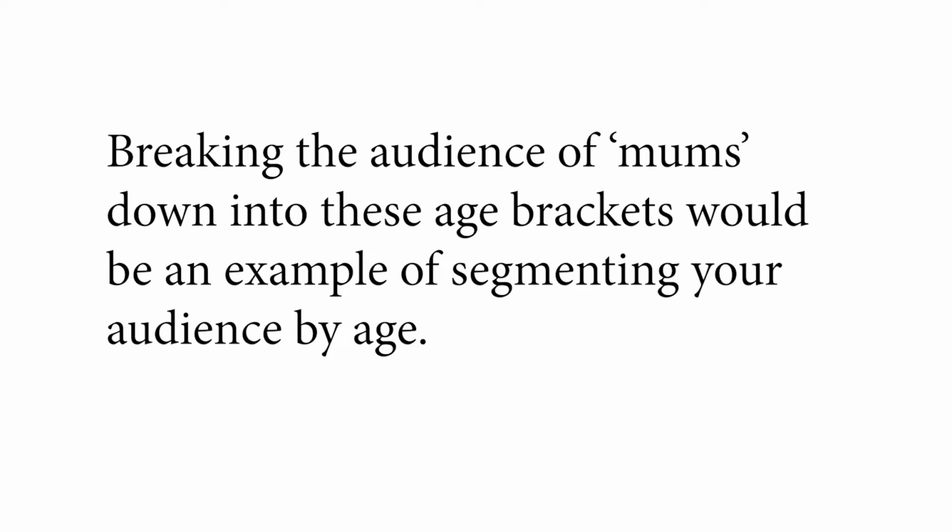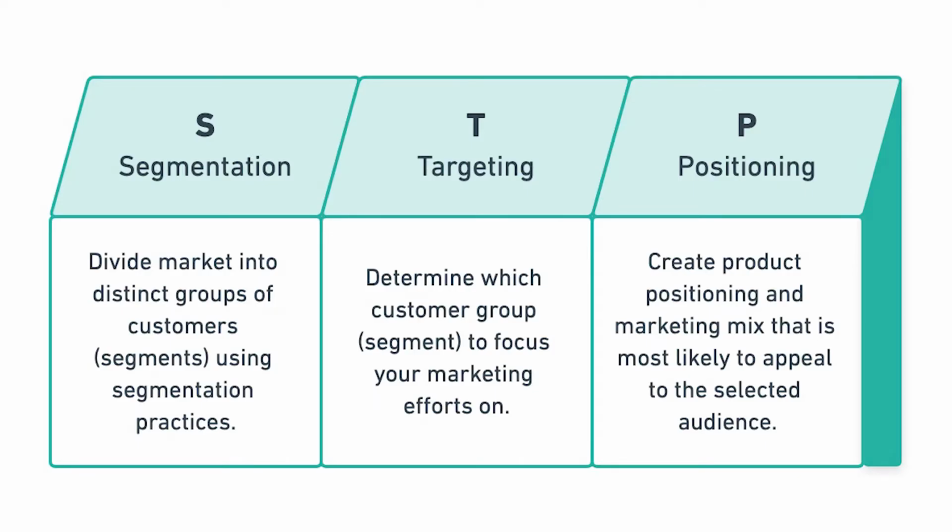They would be segments. So then what you do is you look at your segments and you pick the most attractive one or two perhaps that you're going to focus all of your marketing attention on because you think that those segments are going to do the best.